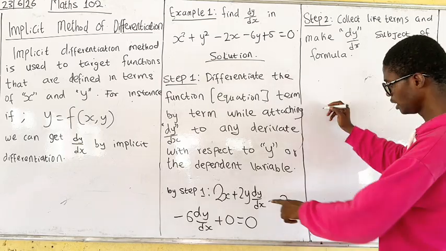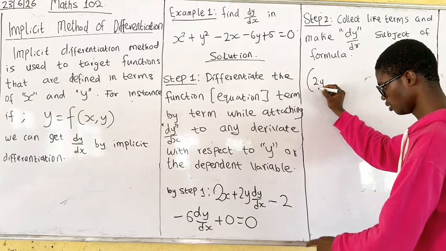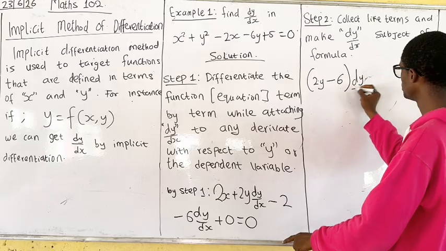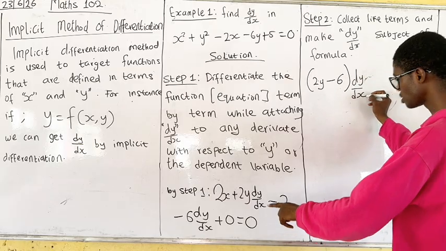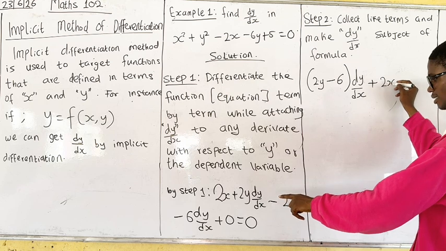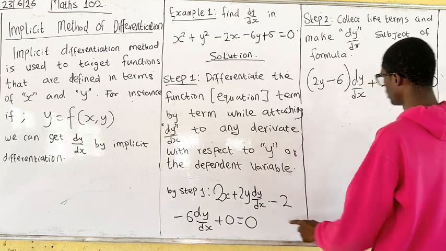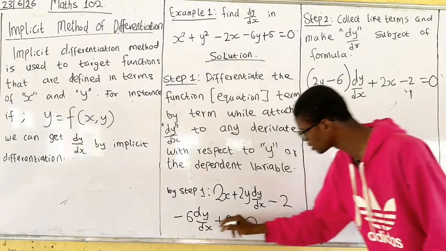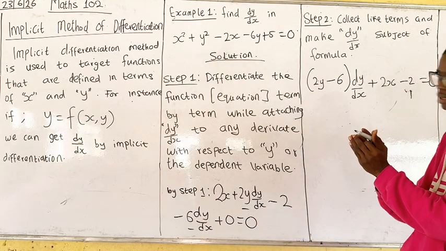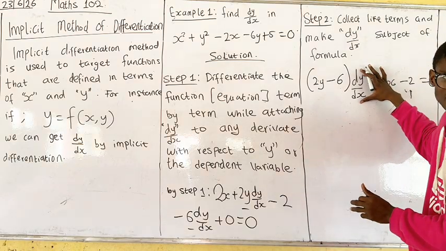So here, if you collect like terms, we have 2y minus 6 into dy/dx, plus 2x, which is this, minus 2 equal to 0. We picked out this and merged it because they are like terms, and we factor out dy/dx.